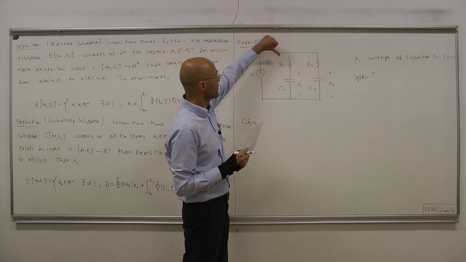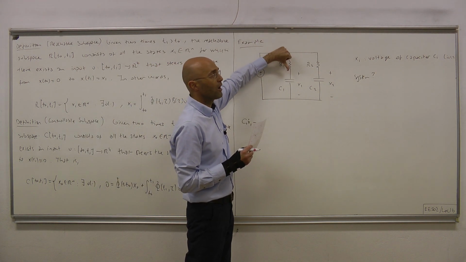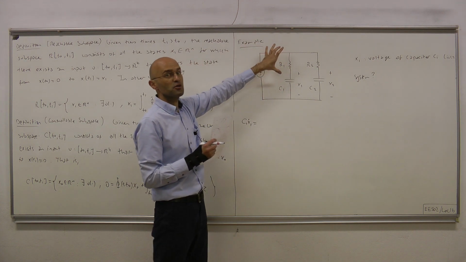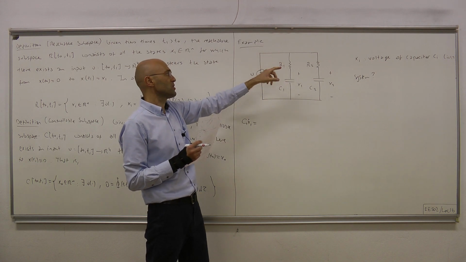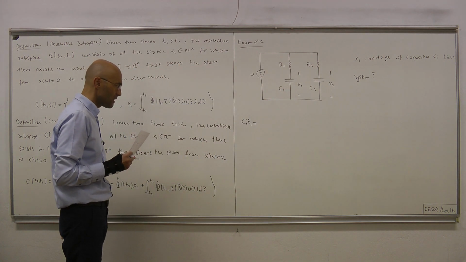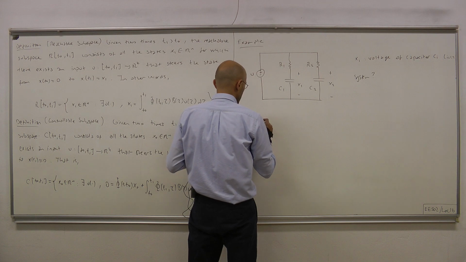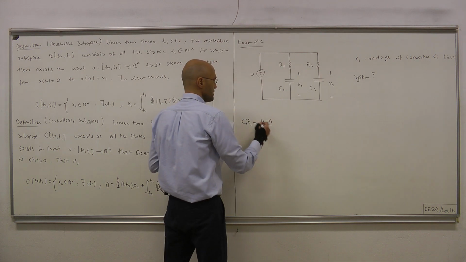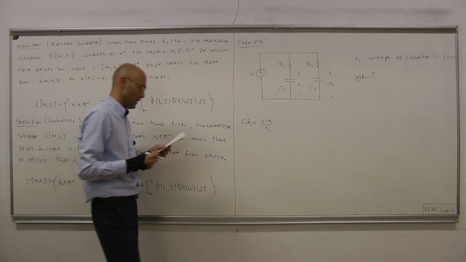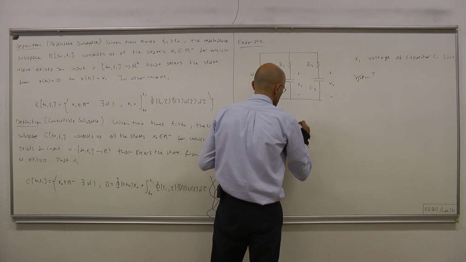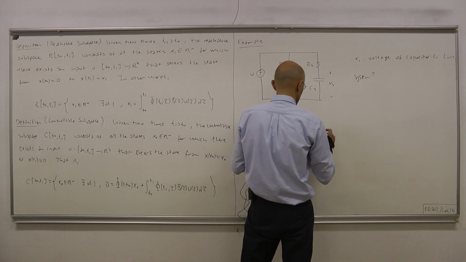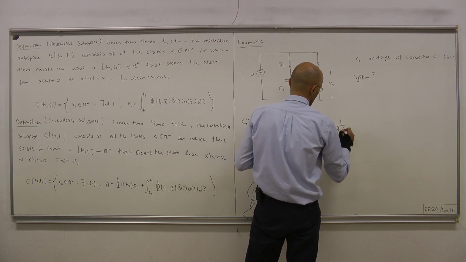And what's the current flowing through R1? It's the potential difference between its terminals divided by the resistance R1, and the potential difference between its terminals is U minus the voltage of the capacitor. Therefore, we have C1 x1 dot equals (U minus x1) divided by R1. So this is the resistor voltage divided by the resistance. And that produces x1 dot equals minus 1 over R1 C1 x1 plus 1 over R1 C1 U.